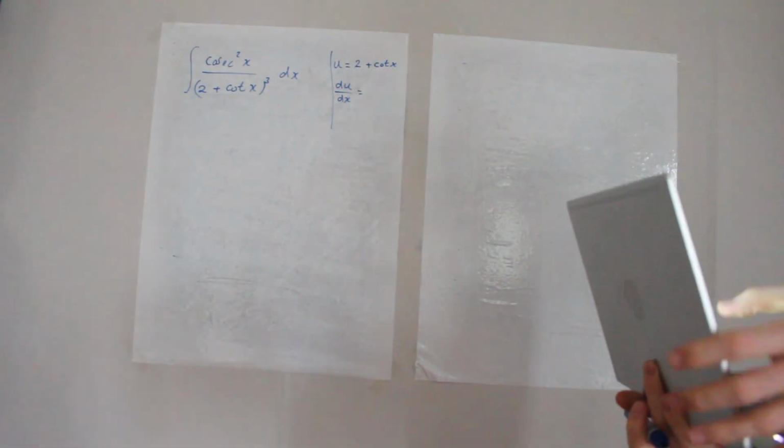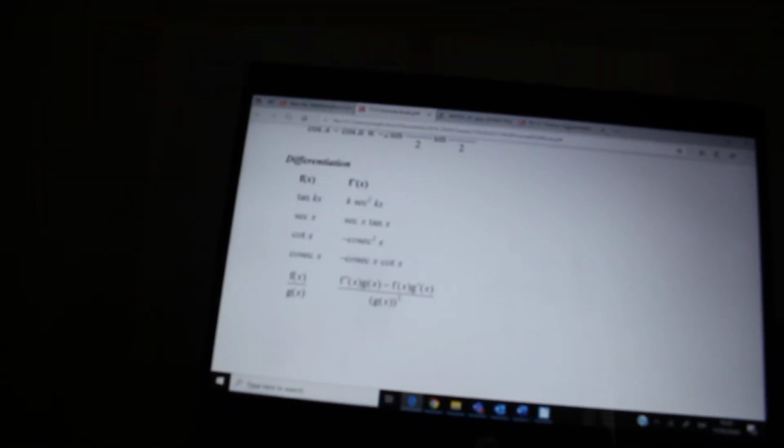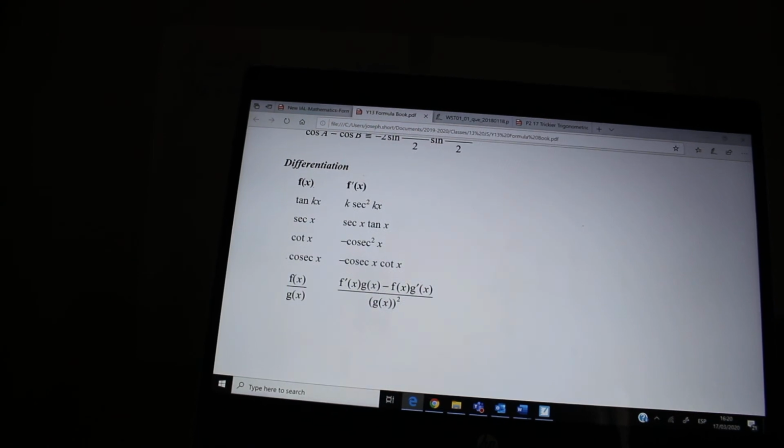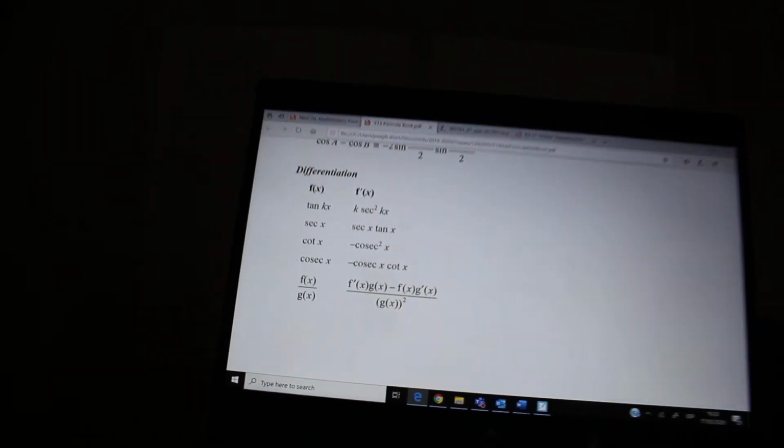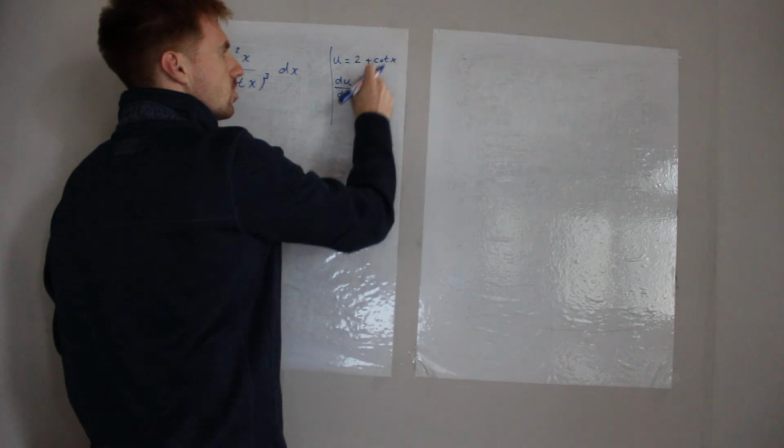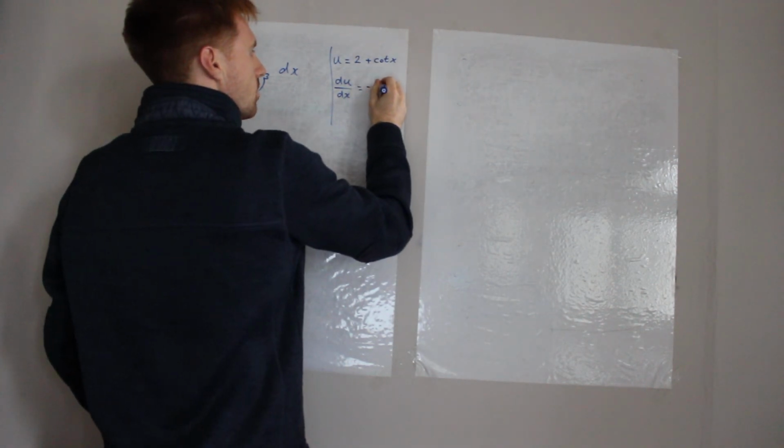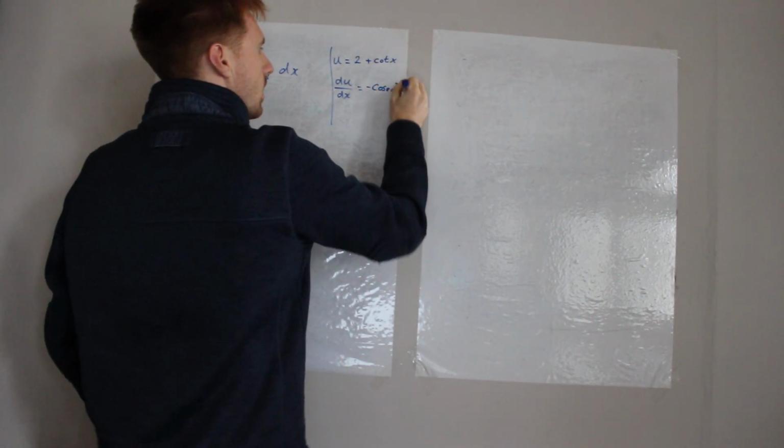If I go to the differentiation section of the formula book, we're looking for cot x, and you can see it goes to minus cosec squared of x. That's quite handy because look at what the top is, cosec squared. So 2 differentiates to nothing, and cot differentiates to minus cosec squared of x.